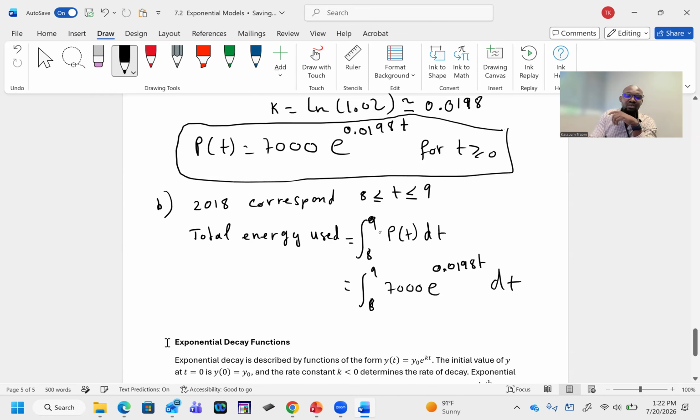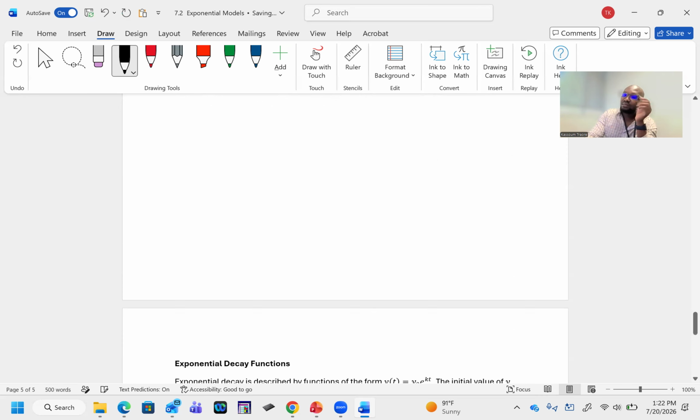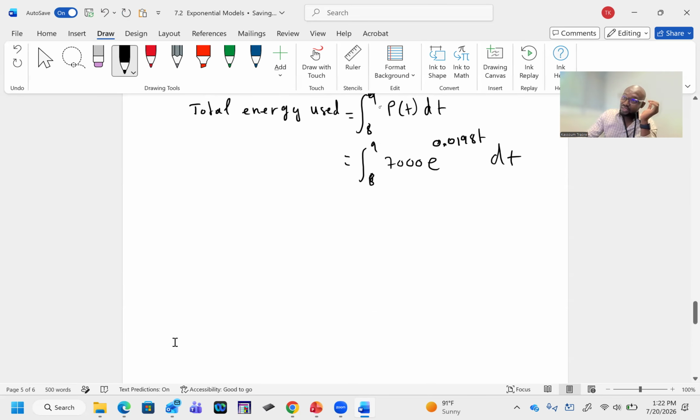So we know the rule of integration of exponential, right? So find the antiderivative of this one, which will give us 7,000 divided by 0.0198 e to the power of 0.0198 t, from 8 to 9. So again, you substitute 9 for t. Sorry, I forgot to write t.